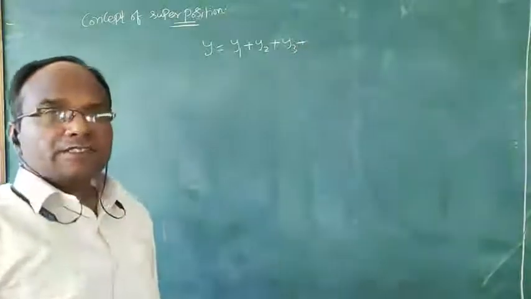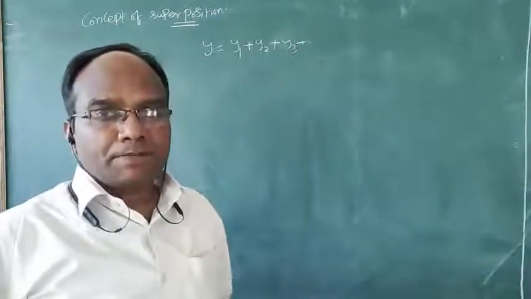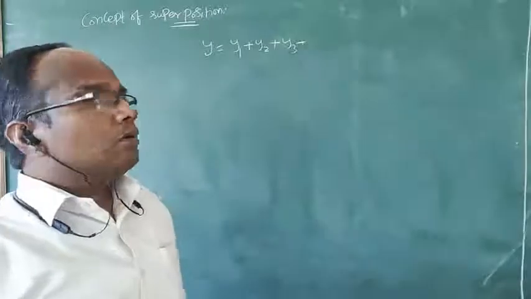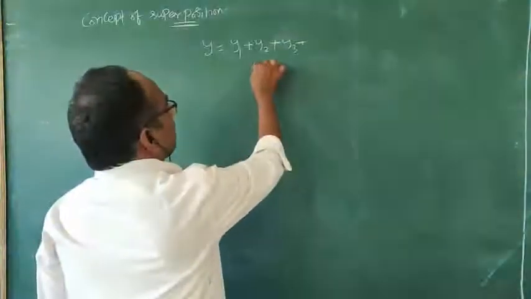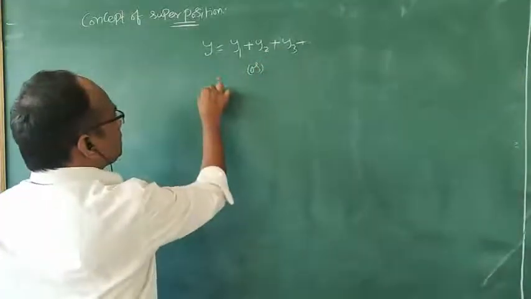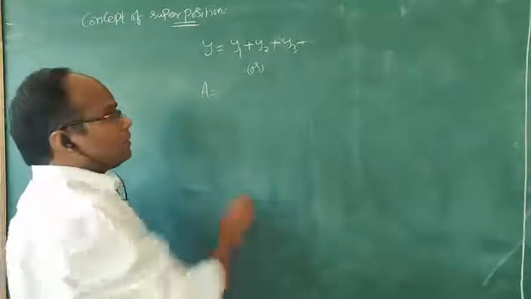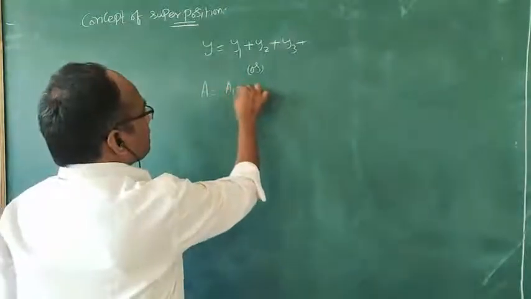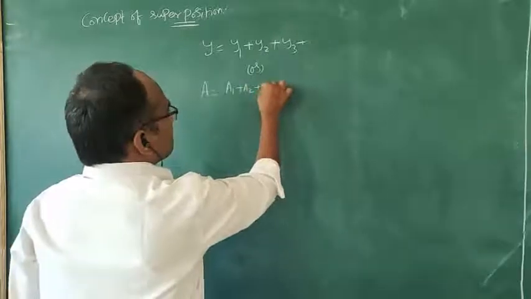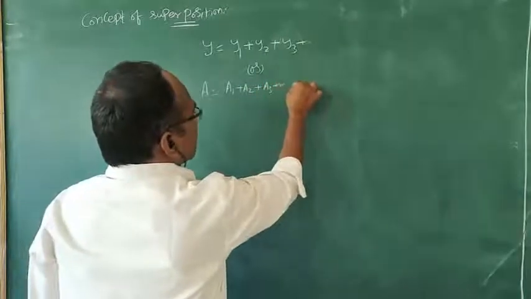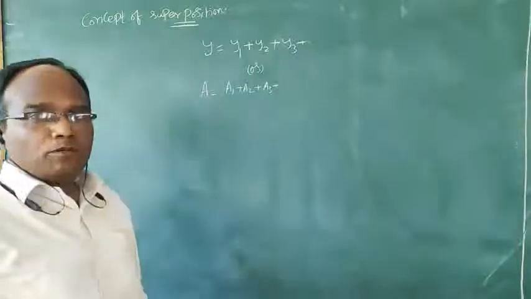Then that is called the superposition principle. Like this also we can write it. y is equal to A1 plus A2 plus A3 and so on. Like this also we can write it.